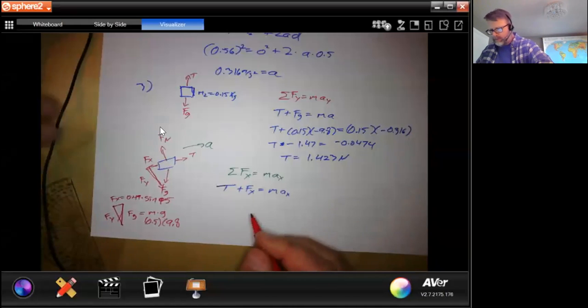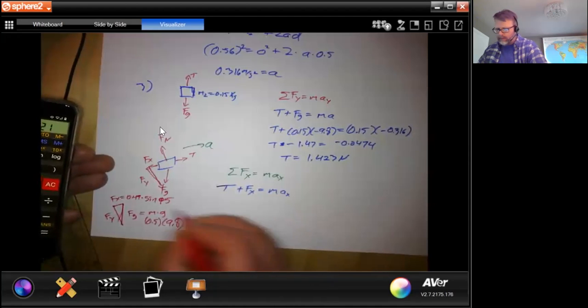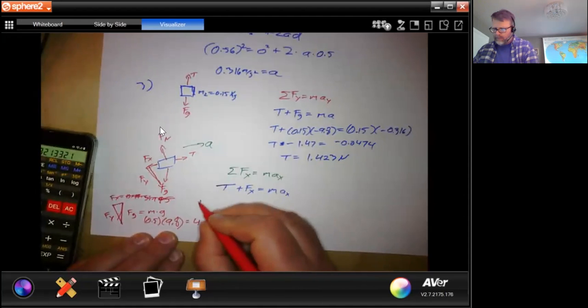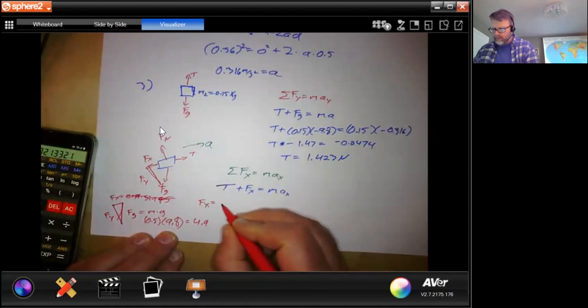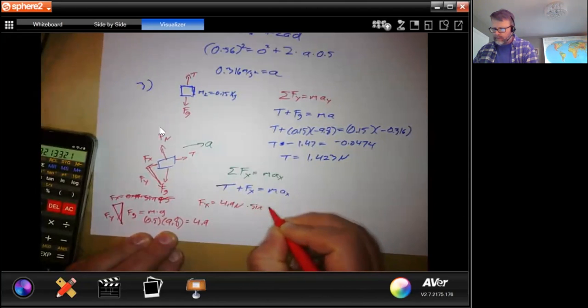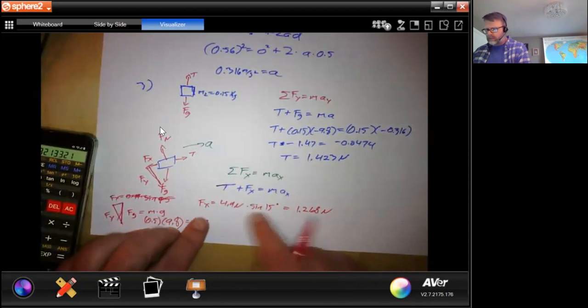All right, and I was talking too fast here. This equals 4.9. So let me just rewrite. F of x is going to equal 4.9 newtons times the sine of 15 degrees, which is 1.268 newtons. So that's f of x.